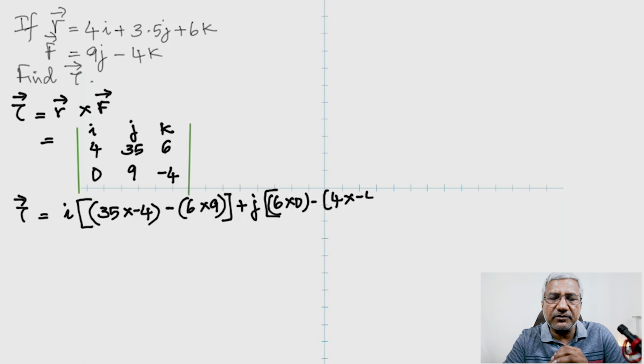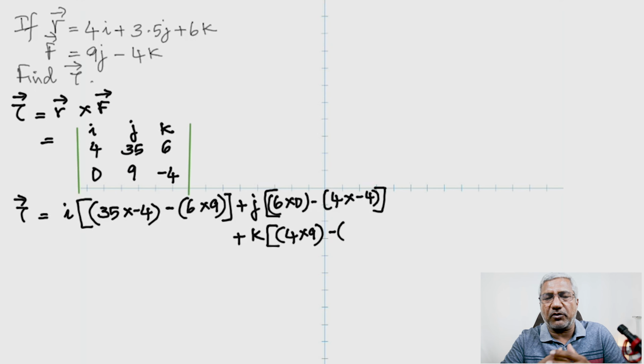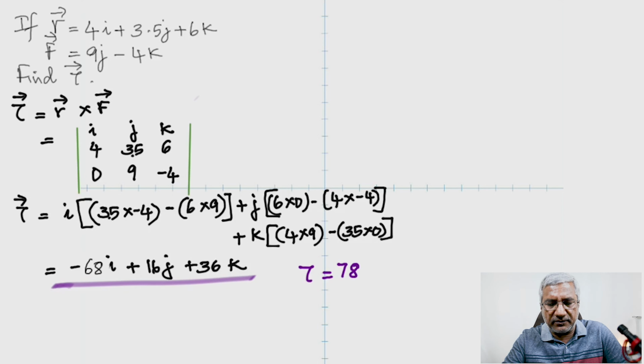It's better to put a negative and then keep the order the same: left to right minus right to left. Or the same thing: if you want to put a plus, change the order, go right to left minus left to right. Hope that makes sense. And then when you come to k, just put plus k and go 4 times 9 minus 3.5 times 0. I'm just showing these products with 0 so you can see them, because anything multiplied by 0 is 0. It actually gives you negative 68.